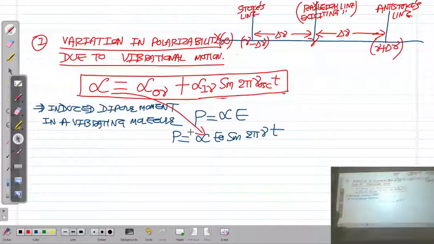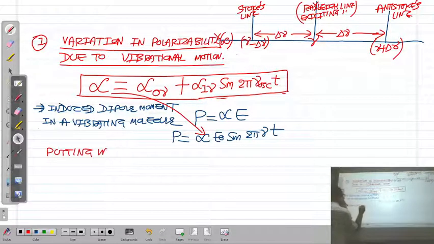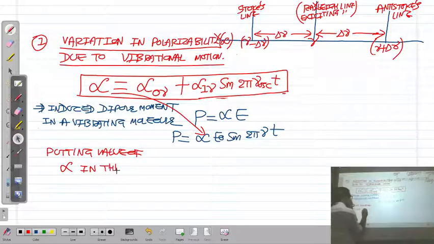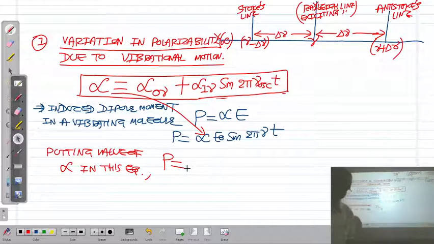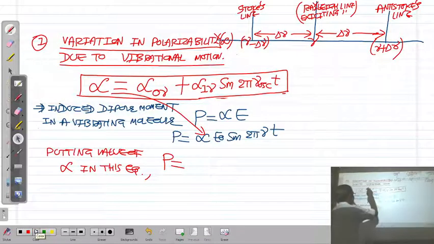So putting the value of alpha in this equation, we get the induced dipole moment in a vibrating molecule. The induced dipole moment in a vibrating molecule is equal to alpha. What is the value of alpha?